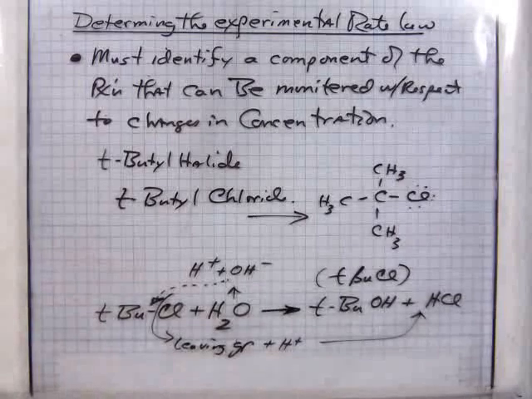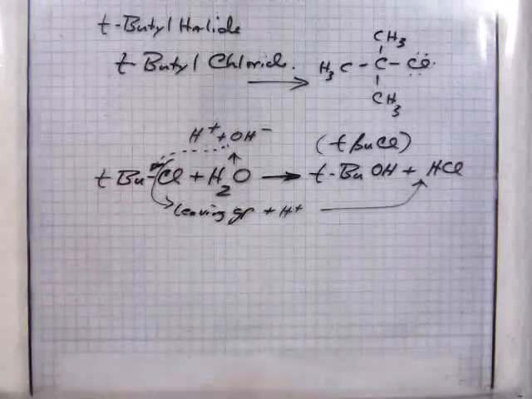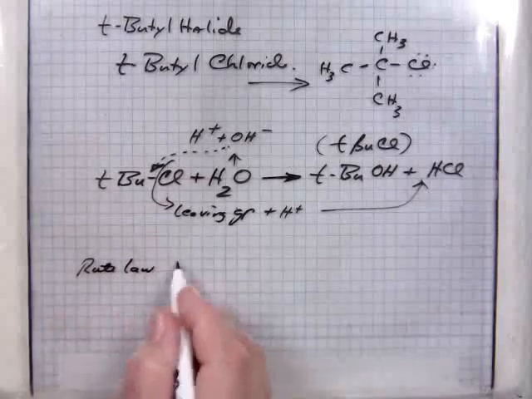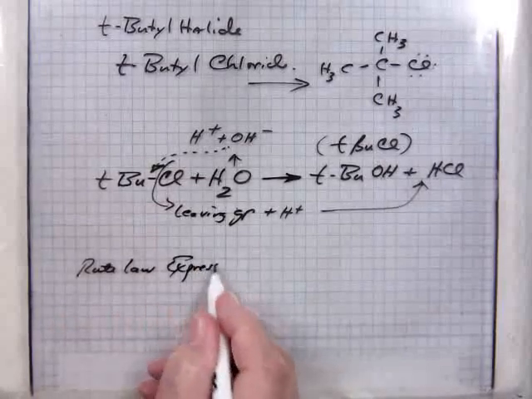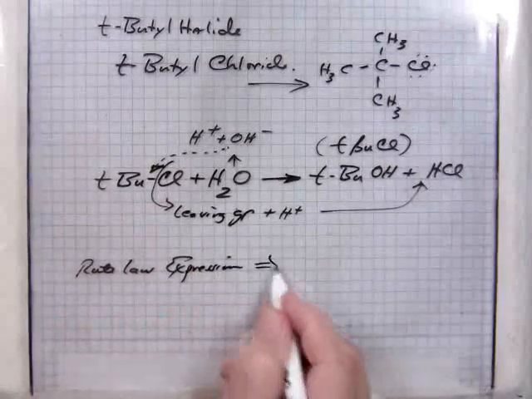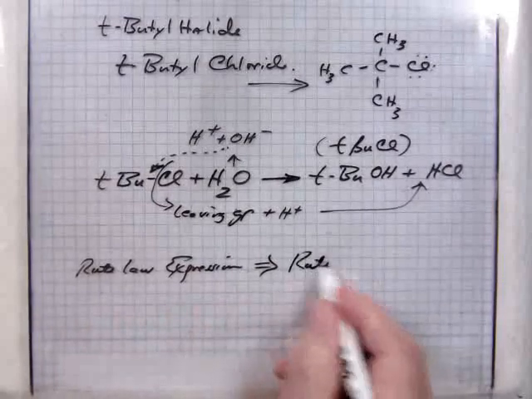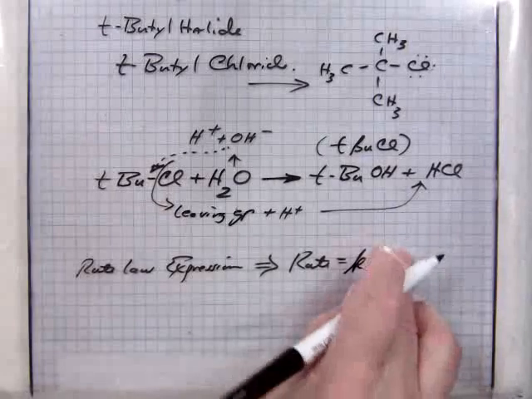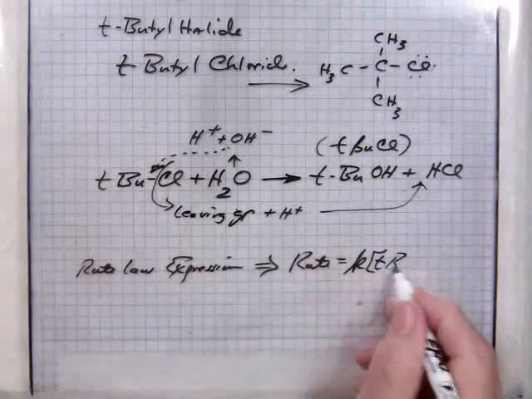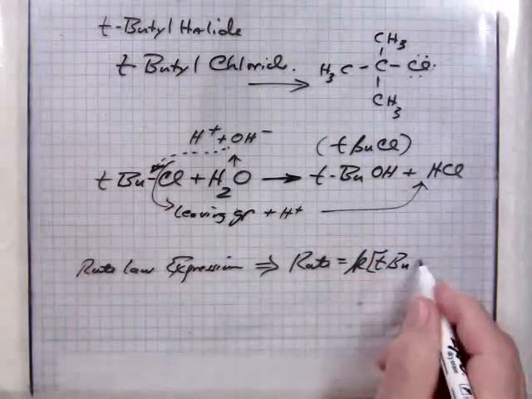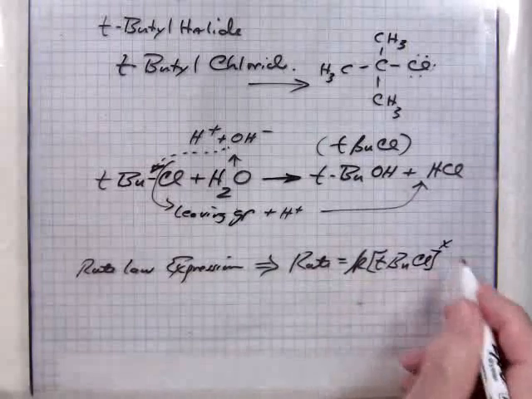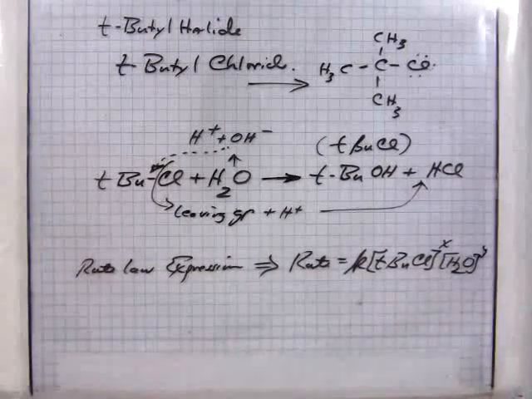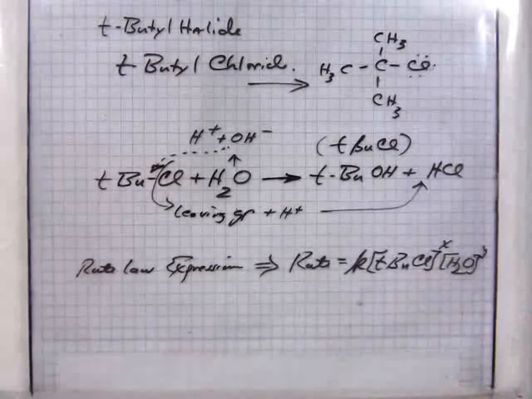Well, the rate law expression for this is simply rate equals k times T-butyl chloride raised to the x power and H2O raised to the y power, in terms of the reactants.